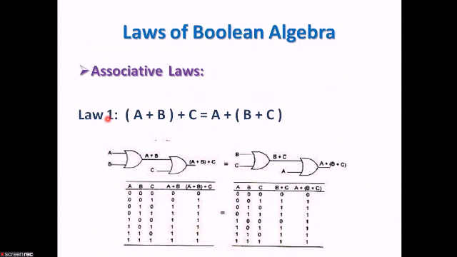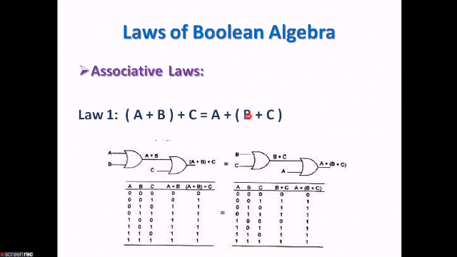This means that A ORed with B, ORed with C is the same as A ORed with (B or C). This law states that the way the variables are grouped and ORed is immaterial.